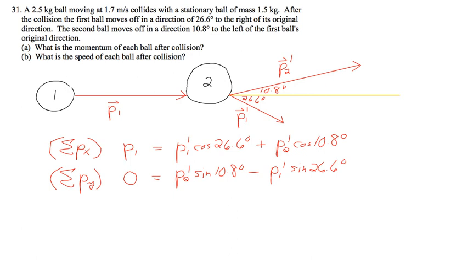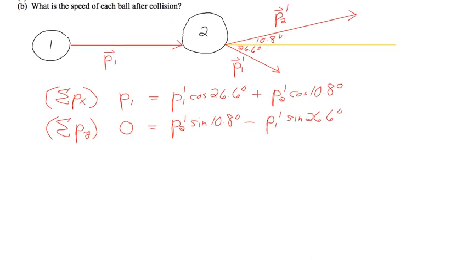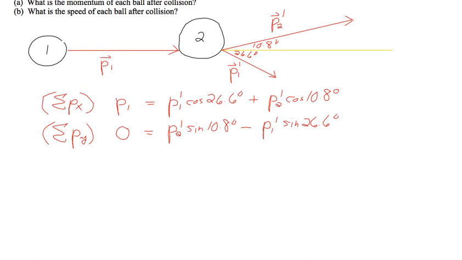Now that I have this, I have two unknown variables, and I've got two equations with the same two unknowns. This is not an unknown because they gave me the mass of ball 1 and they gave me the velocity, so I can figure that out. But P1 prime and P2 prime are unknowns.